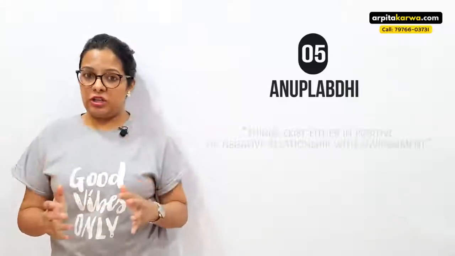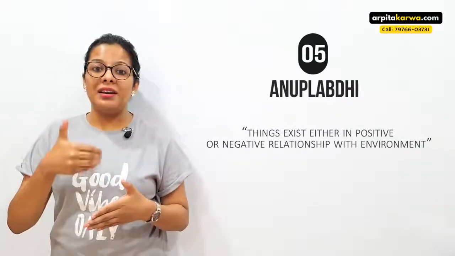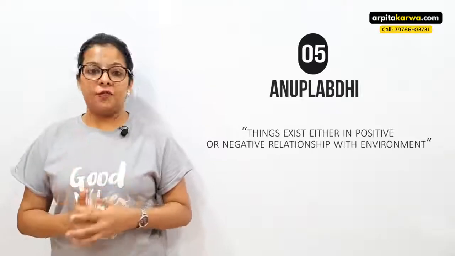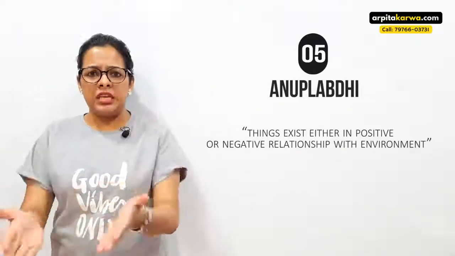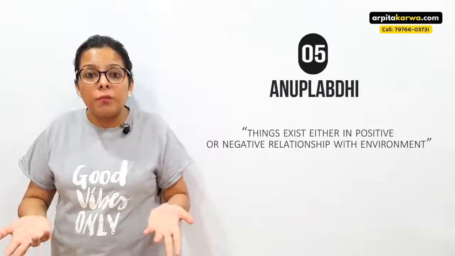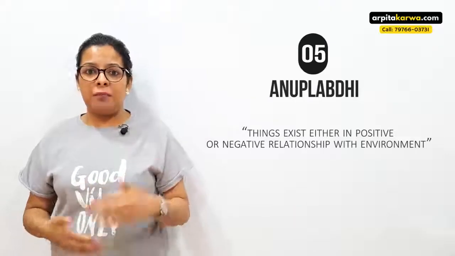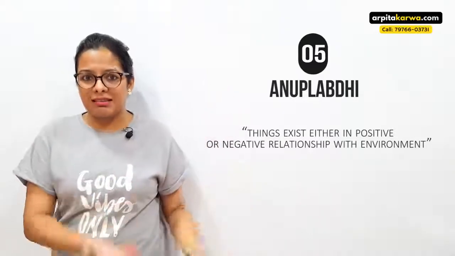According to Indian logic, things exist either in positive or negative relation to the environment. That means positive relation is something you can see, you can perceive through your senses. Negative relation is something you cannot perceive through your senses. For example, if I have a friend in front of me, that means the person exists.